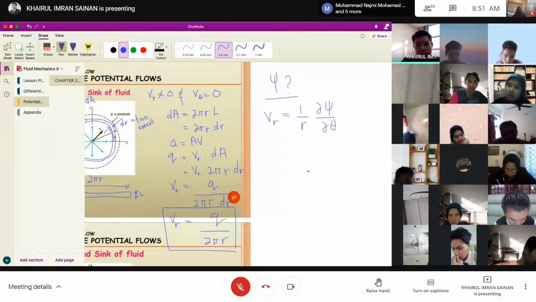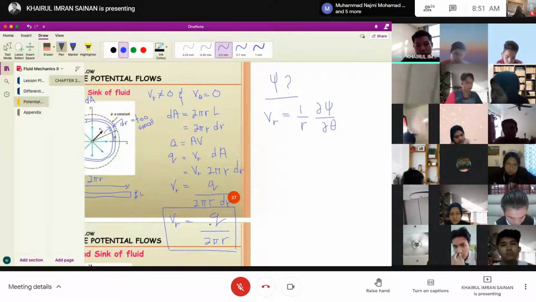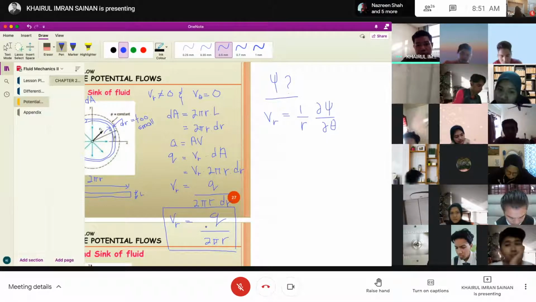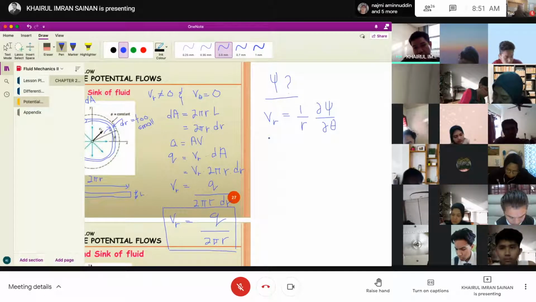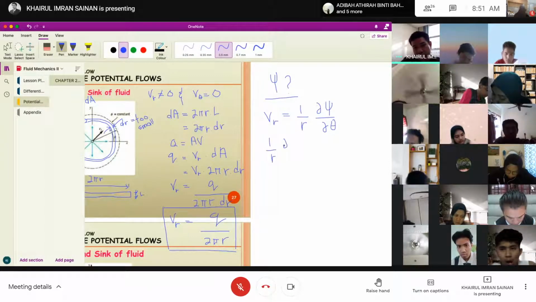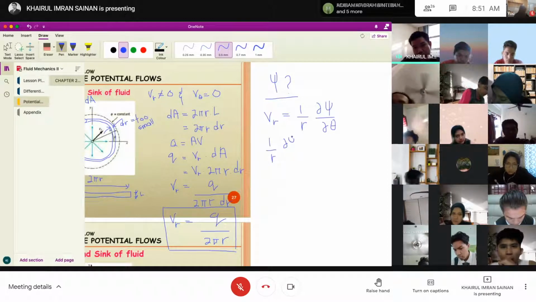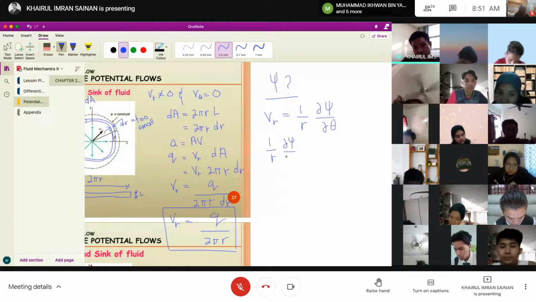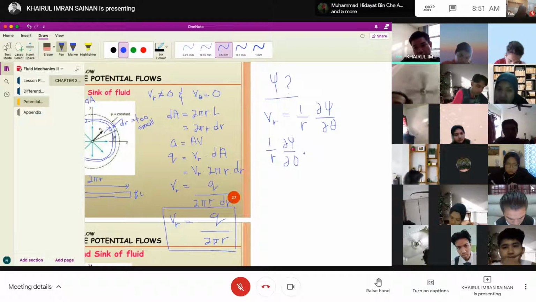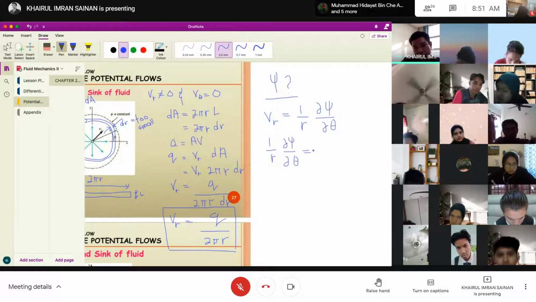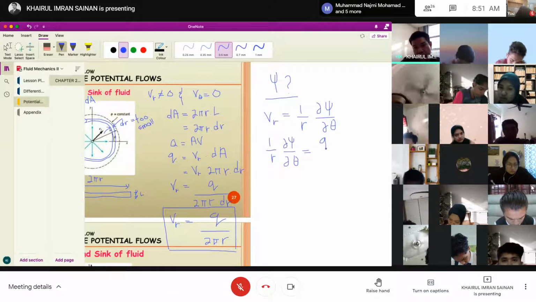You put your Q divided by 2 pi r into this equation. So 1 over r del psi over del theta equals Q divided by 2 pi.